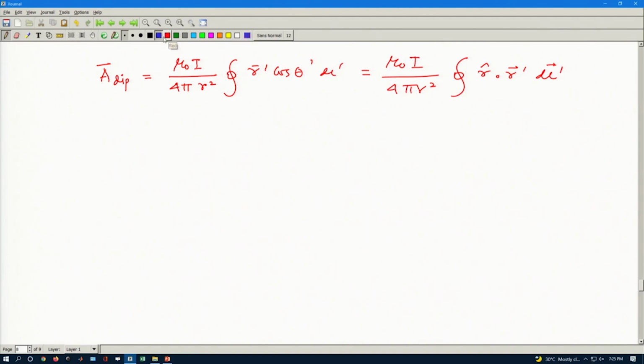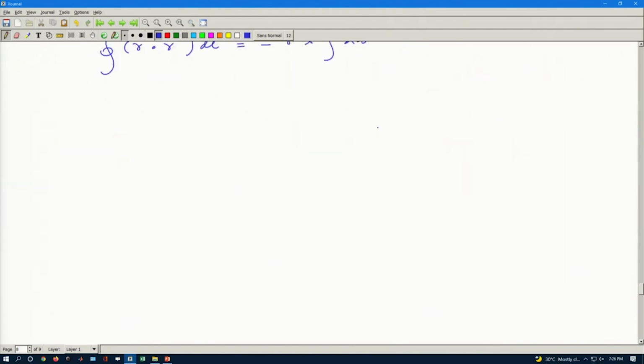Now, I am going to use one identity, and that is the closed line integration of r dot r prime dl prime is equal to minus r cross the integration of da prime, where da prime is half, so this is area.